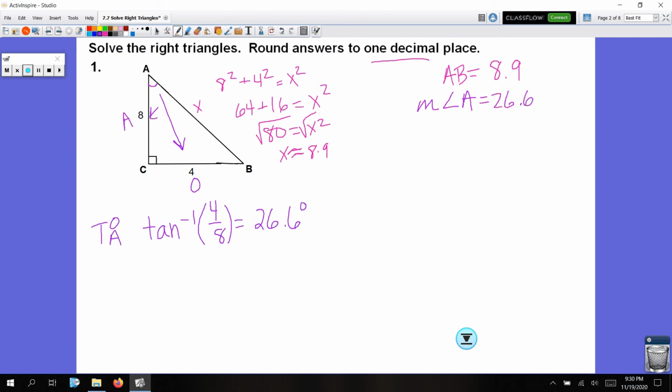The last thing we need is the measure of angle B. And let's work smarter, not harder, right? We know the interior sum of a right triangle is 180. We know the measure of angle C is 90. So that makes A and B complementary. So 90 minus 26.6 is going to give us the measure of angle B. So 90 minus 26.6 is 63.4.